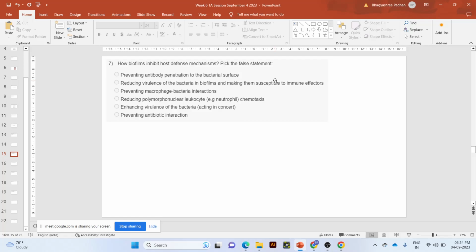They prevent their interaction with the immune cells. That is how they enhance the virulence and prevent immune effector interaction. That is how they inhibit host defense mechanisms. So reducing virulence and making them susceptible to immune effectors is a false statement here.